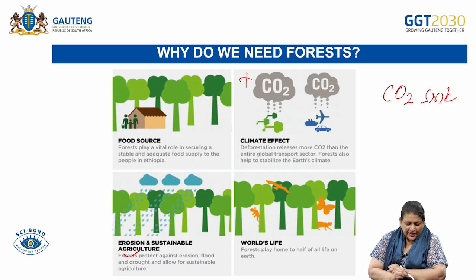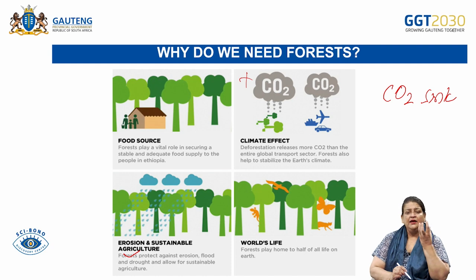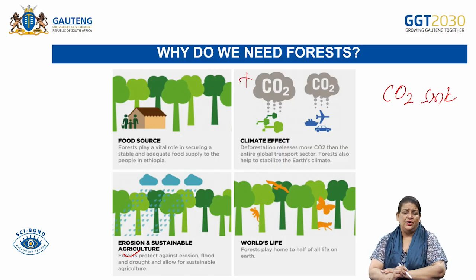Then the entire life on our planet, all the insects and plants and fish in our oceans, all ecosystems, we depend on trees for our oxygen. We cannot survive without oxygen for 4 minutes.